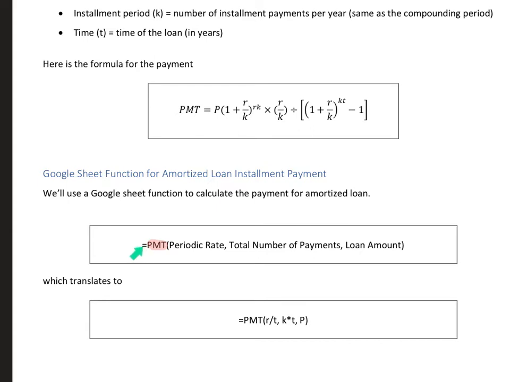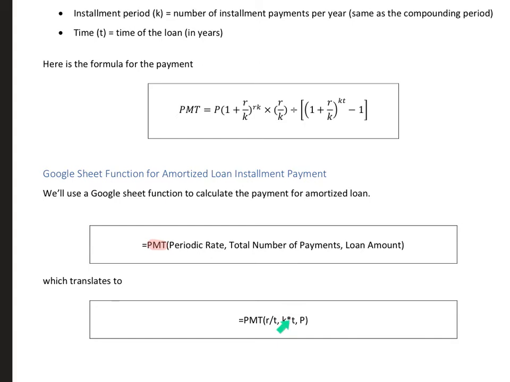So equals, again, we start with the equal sign. We're going to input the periodic rate, total number of payments, and then loan amount. So what does that translate to? So it's interest rate R. So first part is periodic rate. So interest rate R divided by the compounding period K. And then total number of payments.